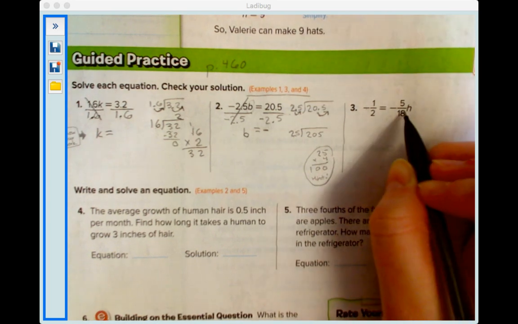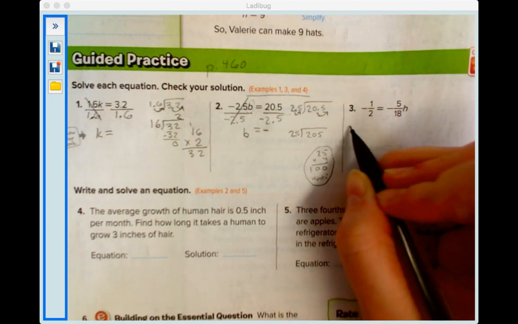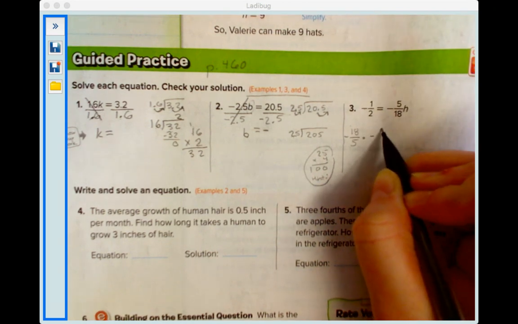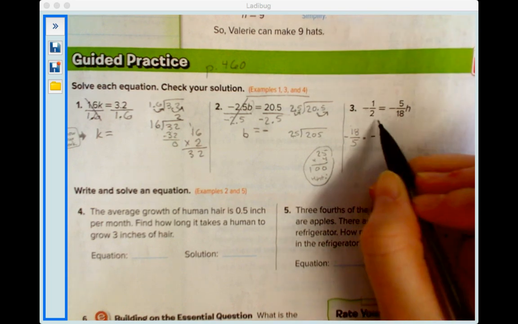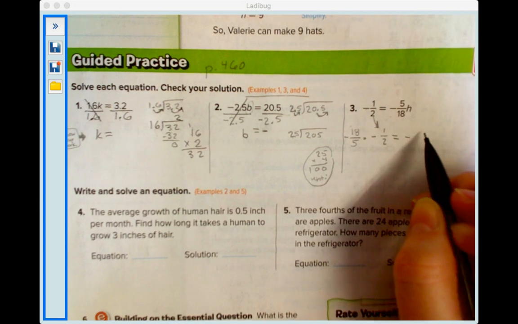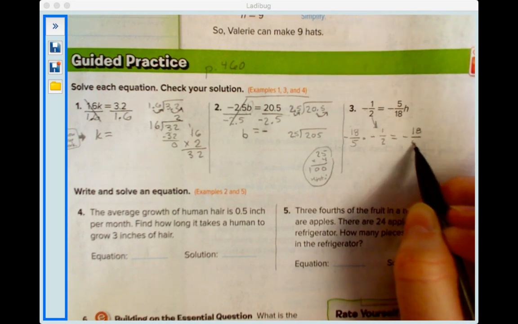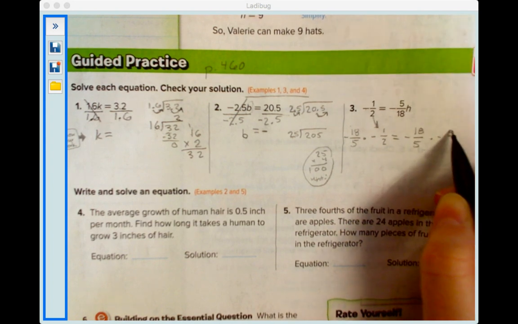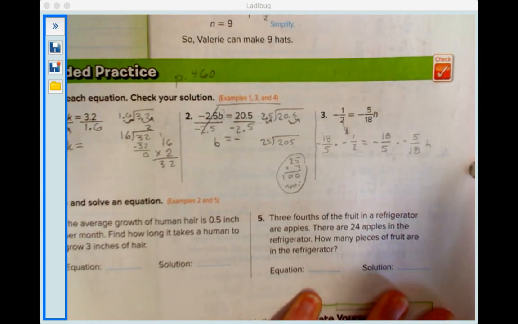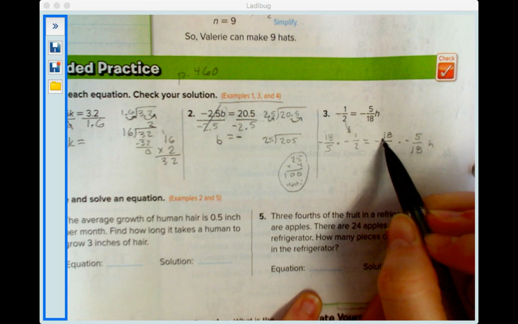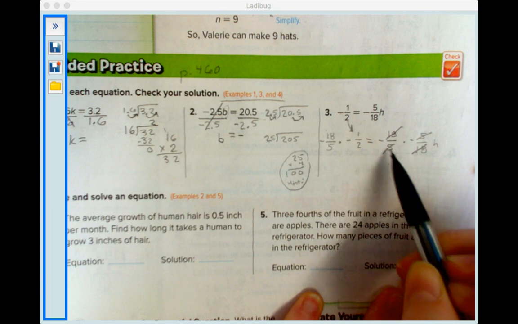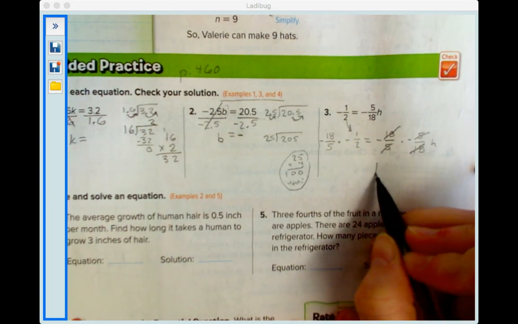So, we'll do negative 18 over 5 times negative 1/2, because that stays the same. This is the only one that gets flipped, equals negative 18 over 5 times negative 5 over 18h. It's on the top and the bottom, so it gets crossed out. It's on the top and the bottom, so it gets crossed out. 2 negatives equal a positive, h.